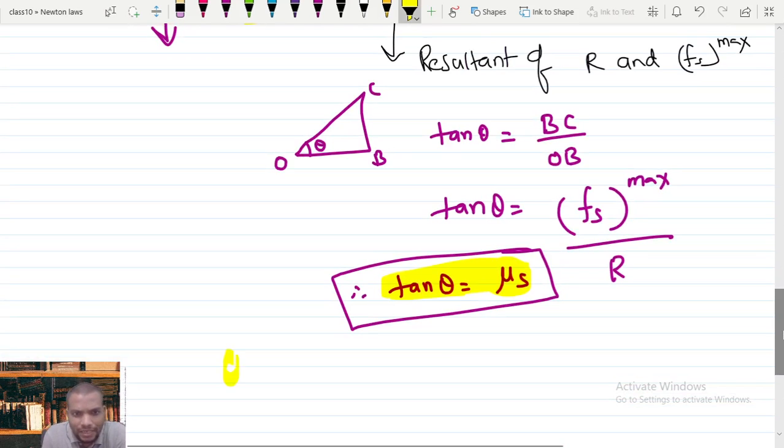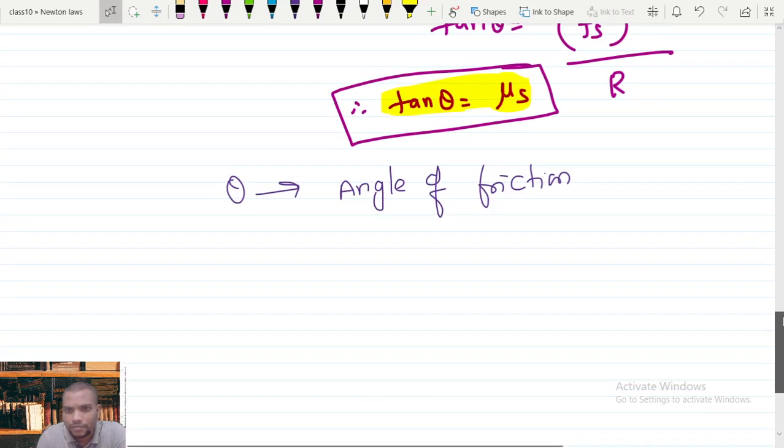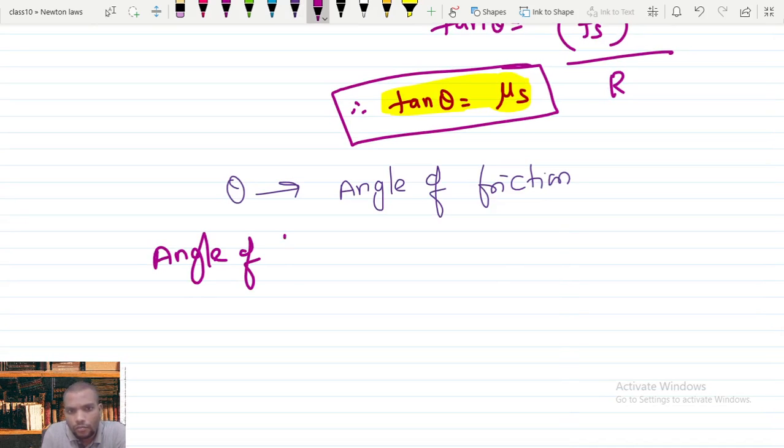Here theta we define as the angle of friction. So what is this angle of friction definition? How do we define the angle of friction?